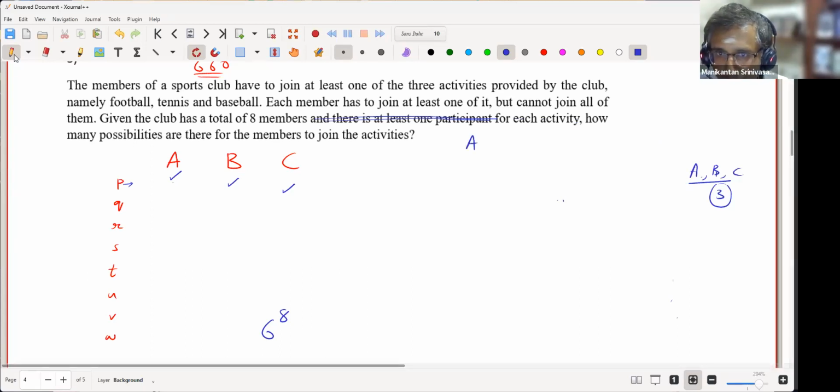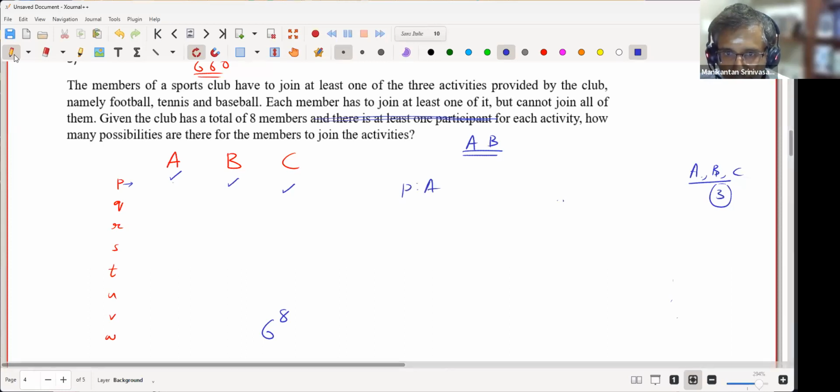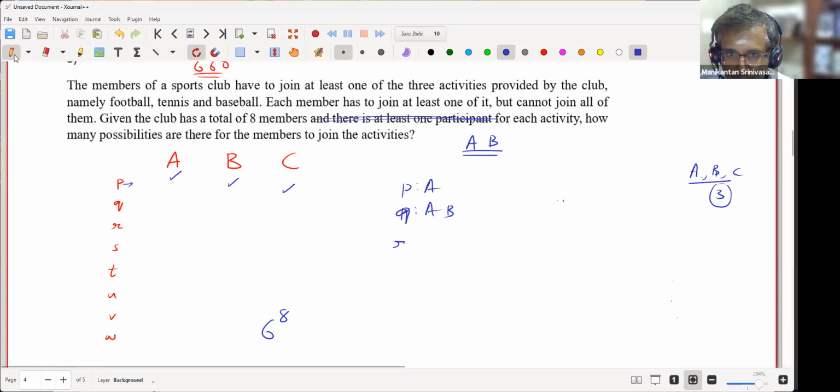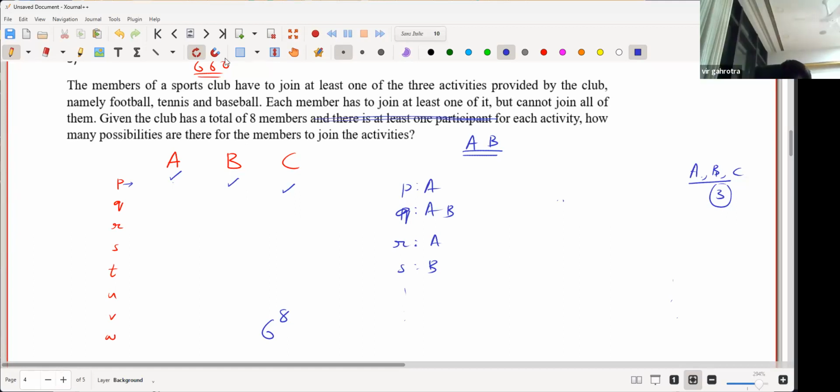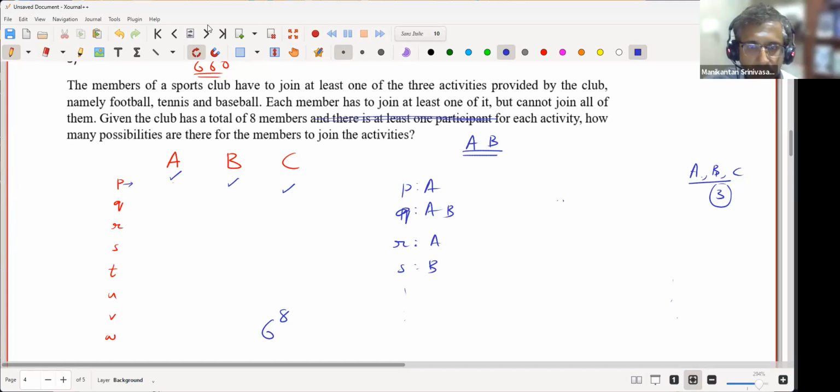Now registrations only for A, B. So this could be like P is registered for A, Q is registered for A, B, right? R is registered for A, S is registered for B, and so on. But there's no registration for C at all. At the same time, it's not like everyone has registered for A, right? So, yeah, go ahead, please. I think there will be Sorry.